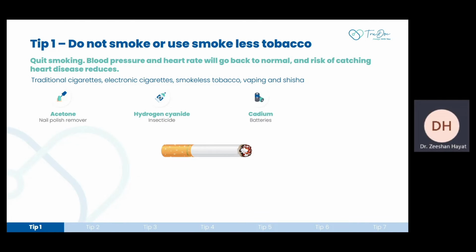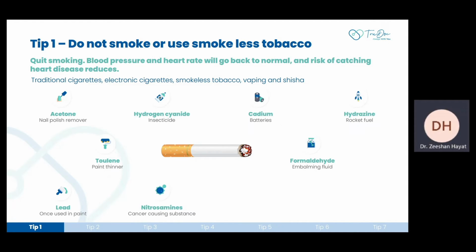Avoid any types of smoke, because they all have different types of chemicals and carcinogens. This is just a slide that we've made to tell you to please avoid smoking, and any sort of tobacco as well: smokeless tobacco, shishas, and now vapes. Avoid anything, okay?